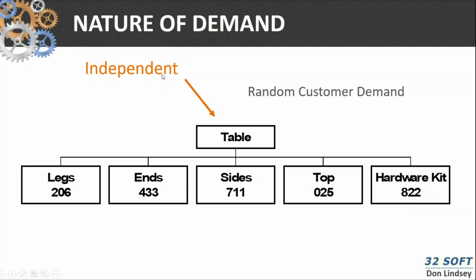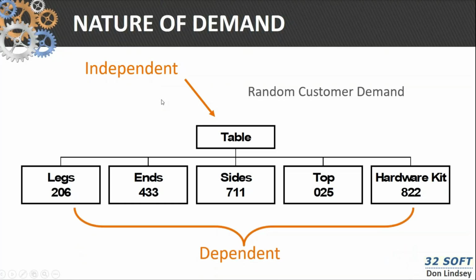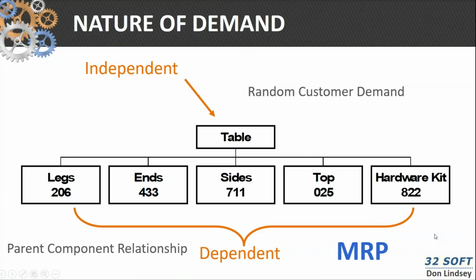And so you need to forecast independent demand. The product structure underneath the independent demand item is where MRP resides. So we're going to talk about the dependent demand and this parent component relationship, and that is where we're going to look at MRP.